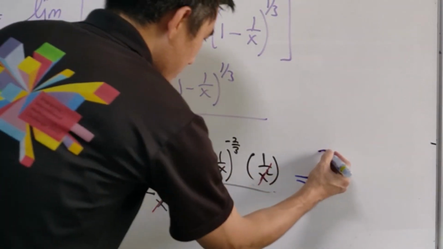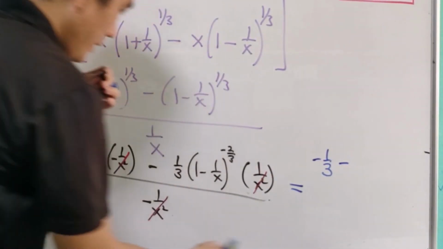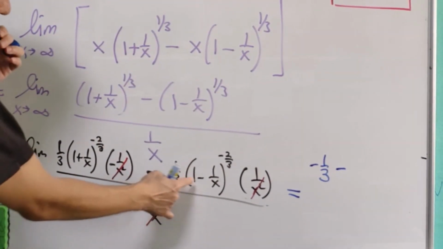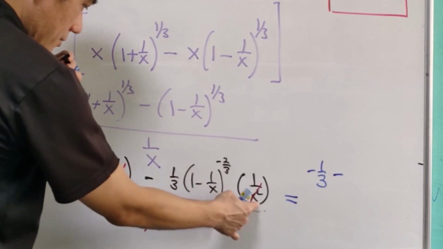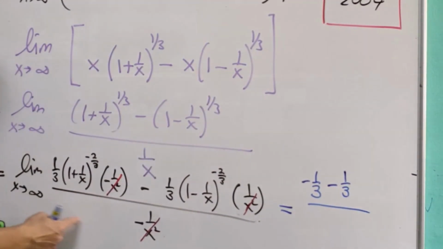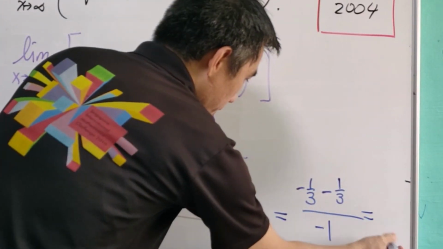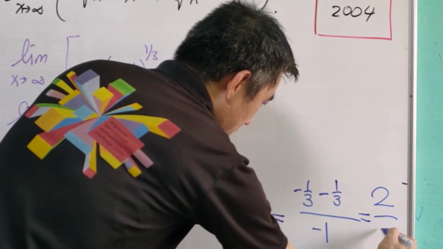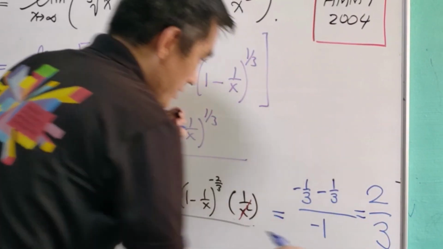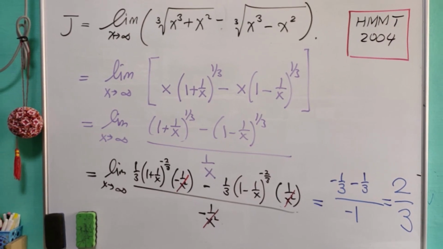So this is negative 1 over 3, minus, this is 1 over 3, this is 1, and this is 1, so 1 over 3, over negative 1. So what we have is still the same, and the answer is equal to 2 over 3. This is the end of the second method using L'Hopital's rule.